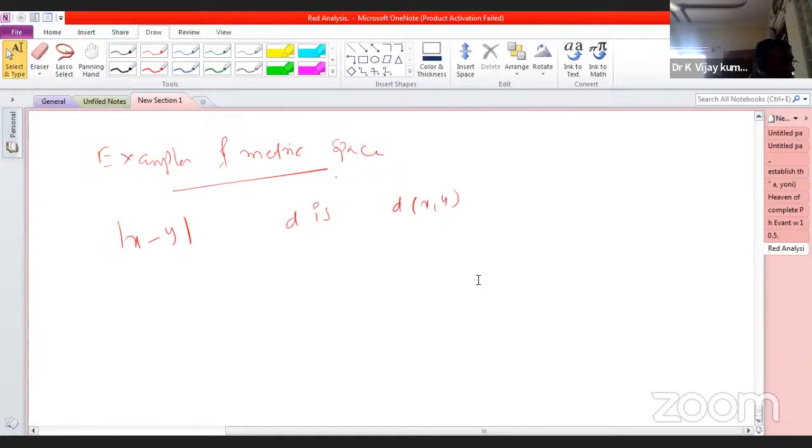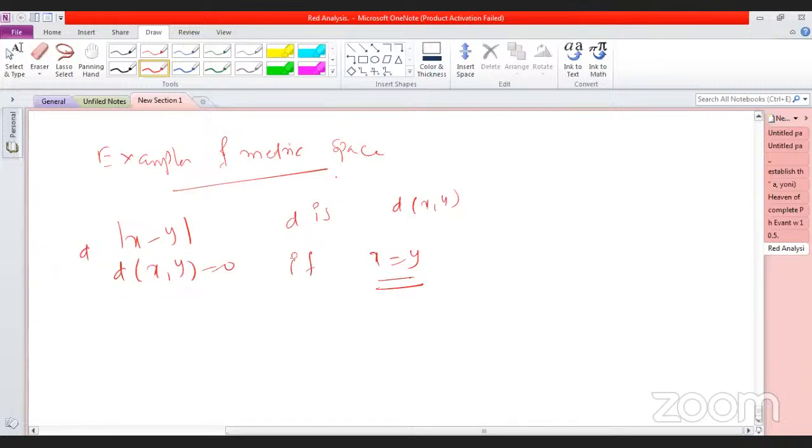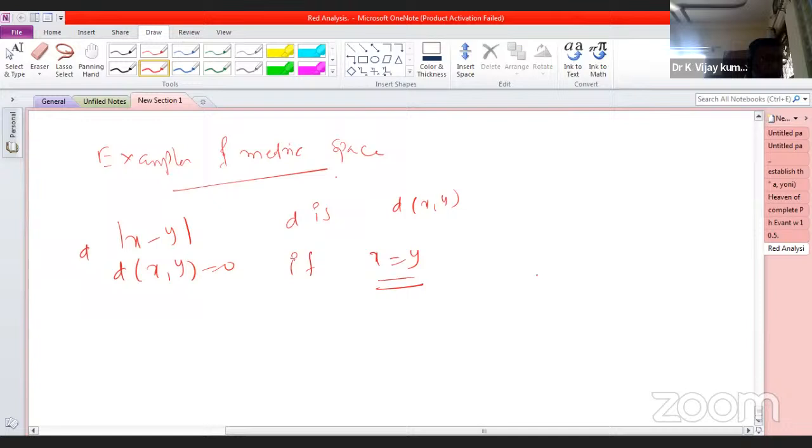So for x comma y belongs to X, here the first condition I'm writing, d of x comma y is equal to 0 if x is equal to y, and d of x comma y is equal to 1 if x is not equal to y.